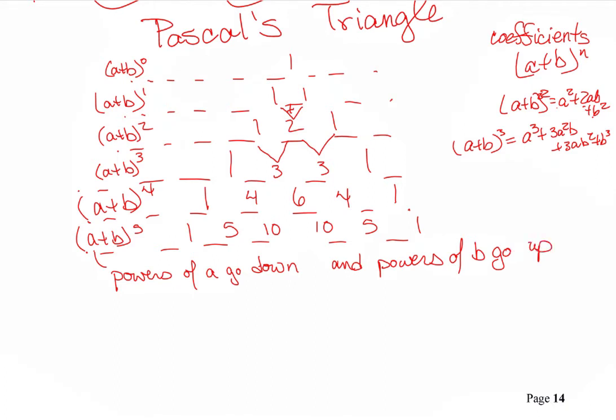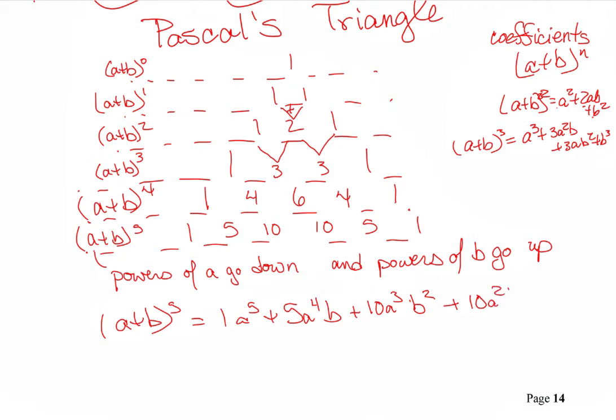So if I write out a plus b to the 5th, it is 1a to the 5th plus 5a to the 4th b plus 10a cubed b squared plus 10a squared b cubed plus 5ab to the 4th plus b to the 5th.